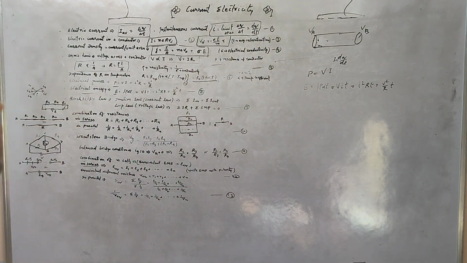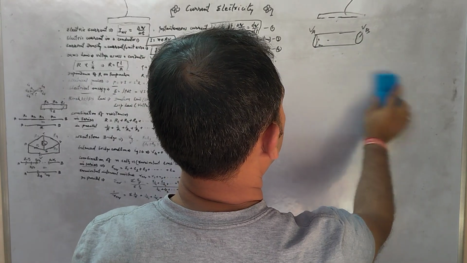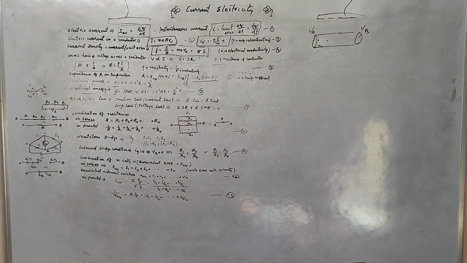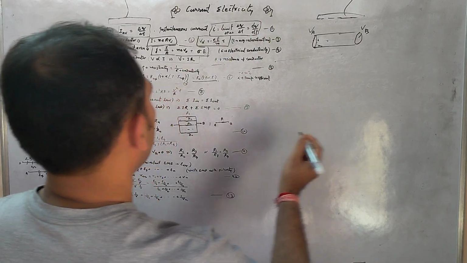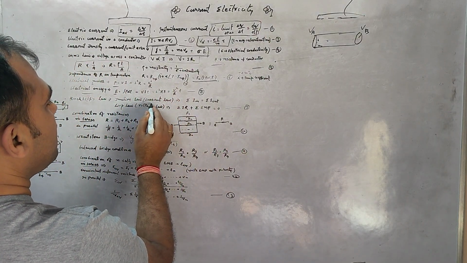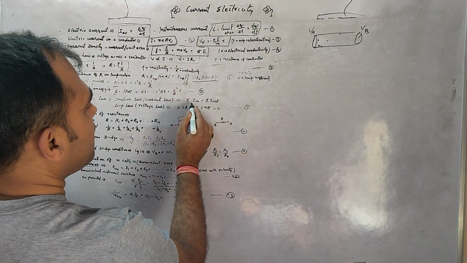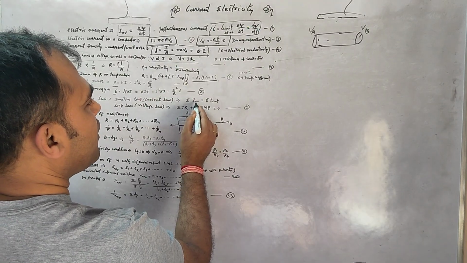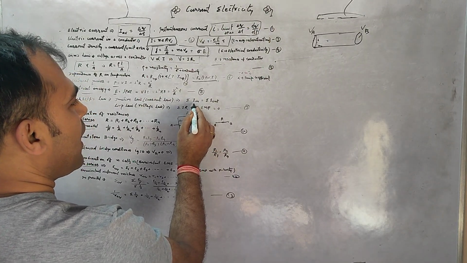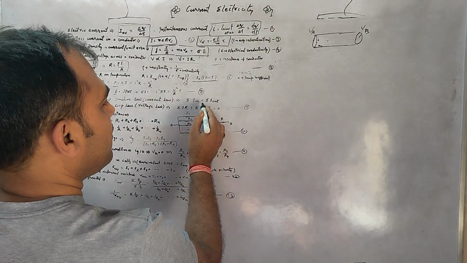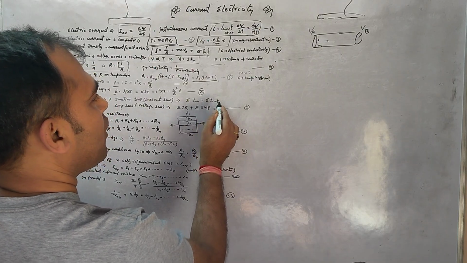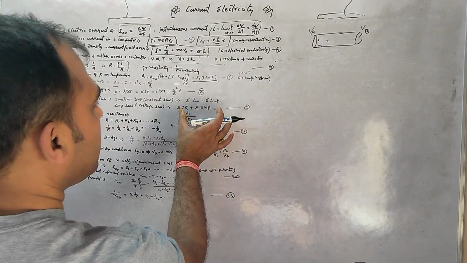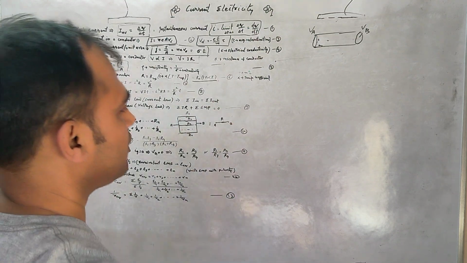Now comes Kirchhoff's law. First comes the junction law, or current law. What does the junction law say? Summation of I incoming is equal to summation of I outgoing. That is basically conservation of charge.